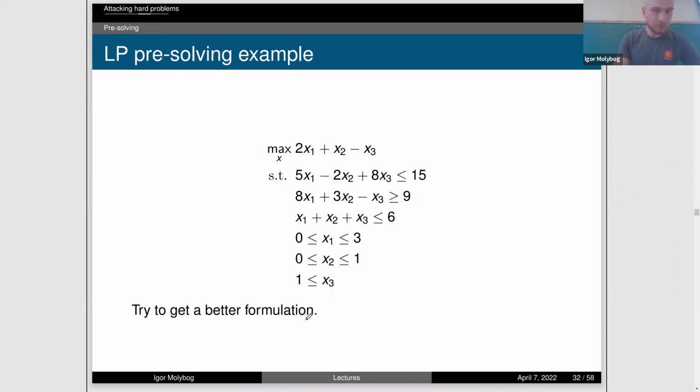Okay. Now let's switch to pre-solving. We were discussing before that different formulations, a tighter formulation.